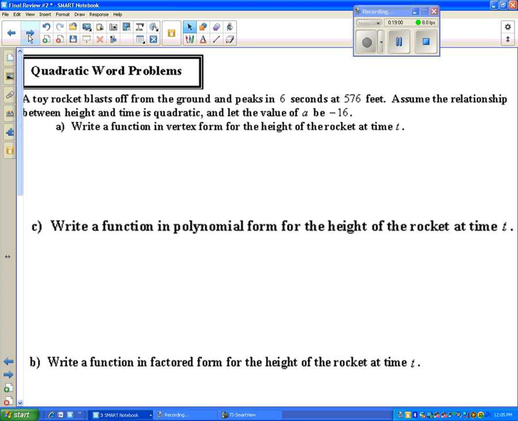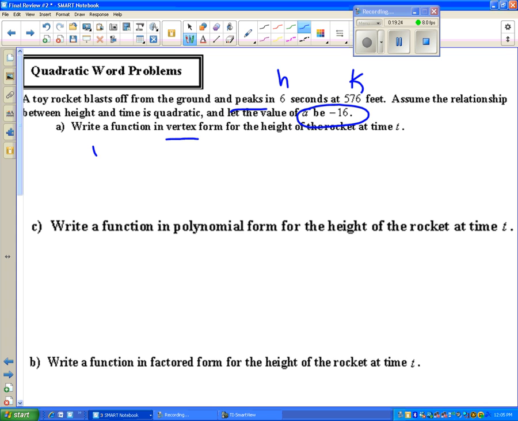All right, word problems. A toy rocket blasts off from the ground and peaks in 6 seconds at 576 feet. Assume the relationship between height and time is quadratic, and let the value of a be negative 16. So I know that a is negative 16. The peak is at 6, 576. So that's my h and k.